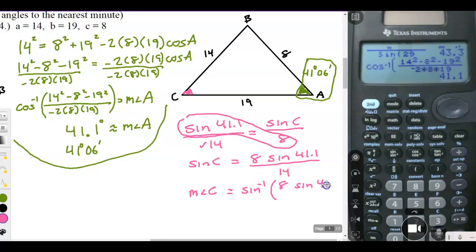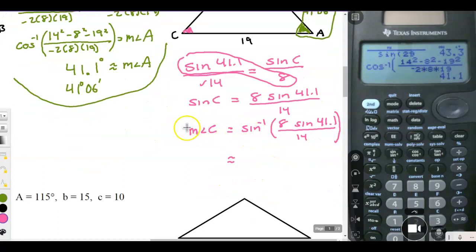So remember, when you're doing calculator work, the second to last thing you write is exactly what goes in the calculator. So this whole part you want to have written, and you want to have what it equals as well, so you can confirm your calculations later.